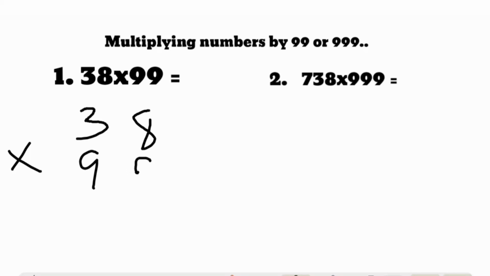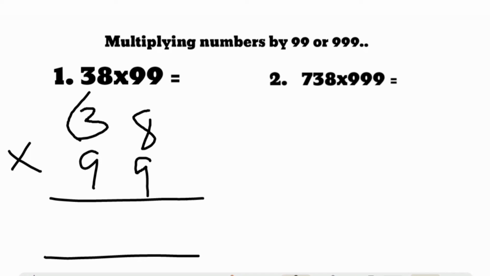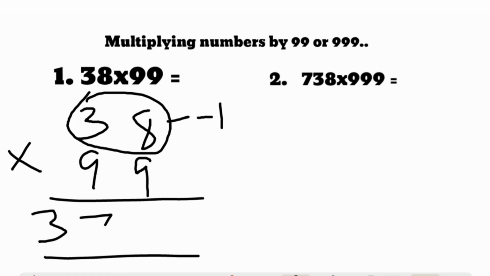38 multiplied by 99. How do we do this? First, we need to understand that 38 is being multiplied by 99. So we're going to minus 1 from 38, and it becomes 37.